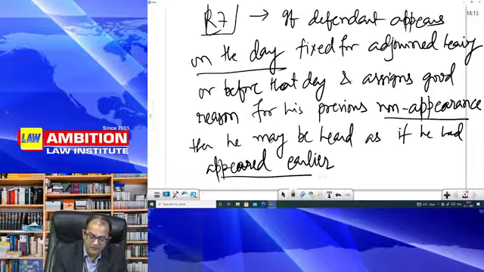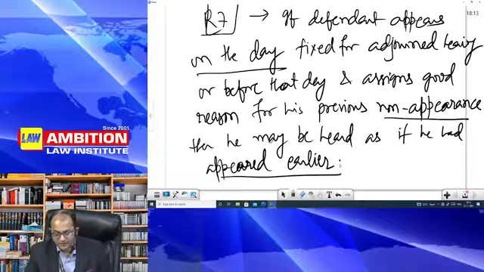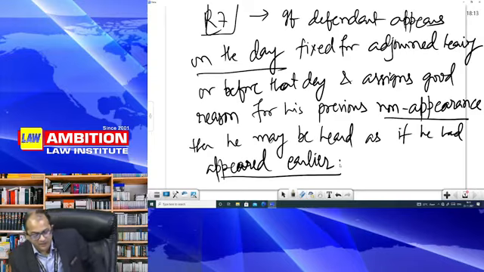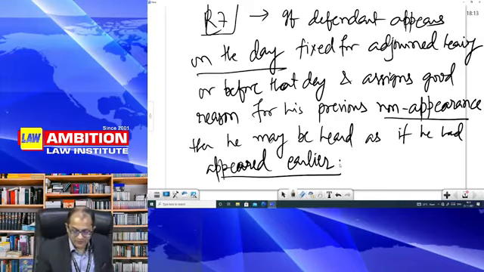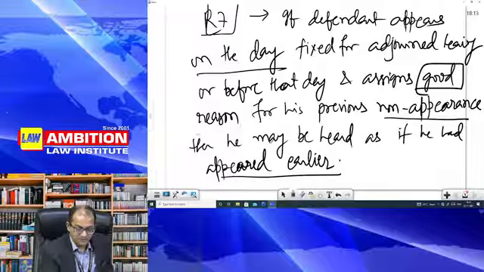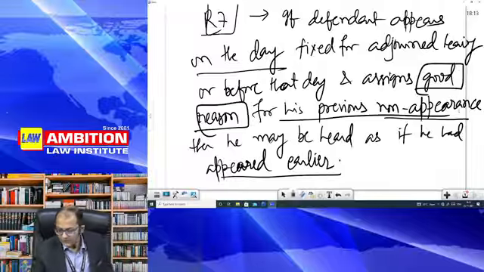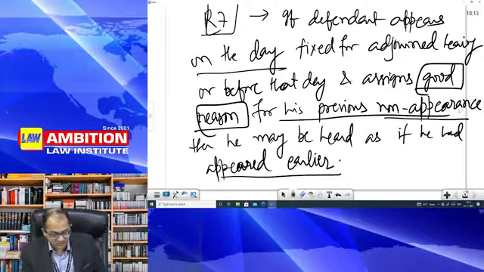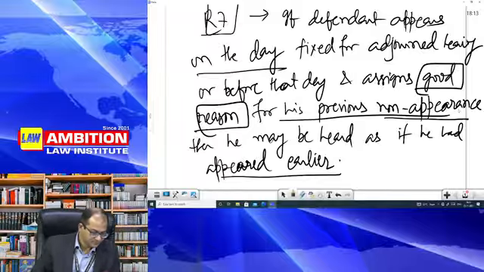So his earlier fault is now washed away. He may be heard as if he had appeared earlier, because he has assigned good reason for his previous non-appearance. So we will excuse him for that reason. Is this clear?